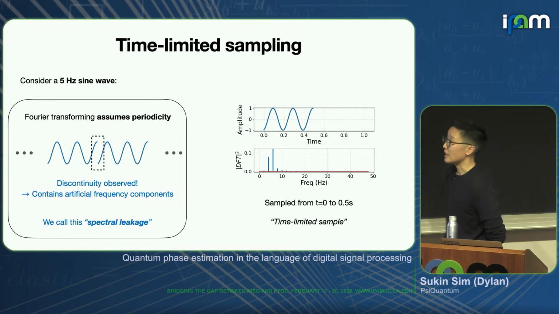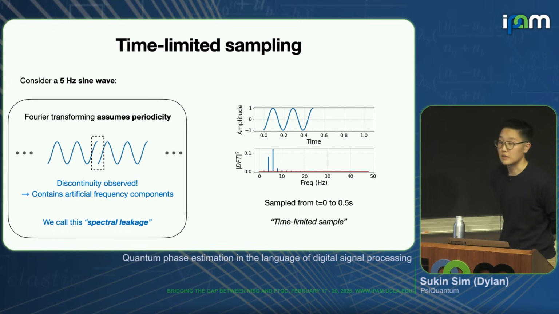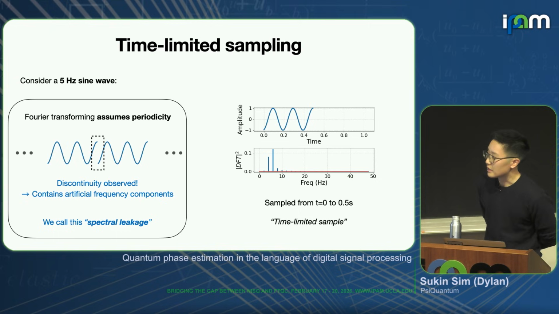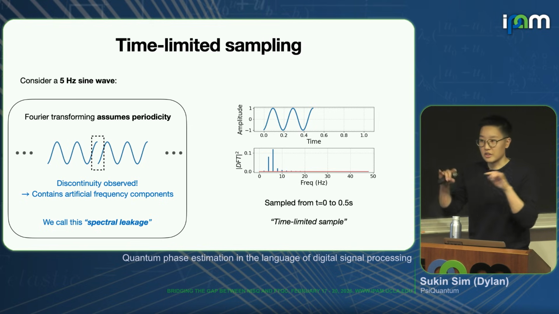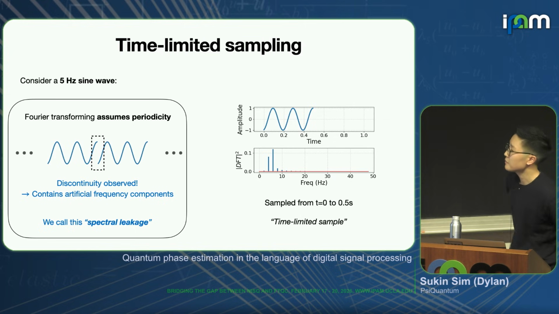It's because when we're applying the Fourier transform, this process assumes the periodicity of the sample of the signal that you're inputting. Visually, I like to think of this as taking your time-limited sampling and putting them next to each other infinitely. You can see that there's a huge region of discontinuity where the 2 samples meet.